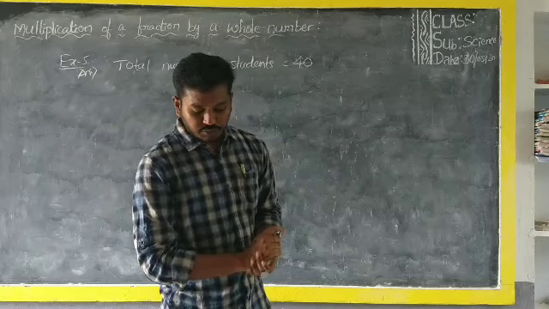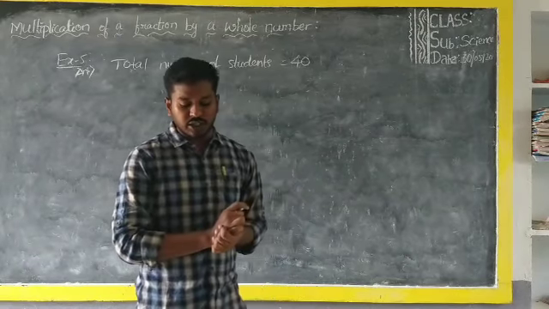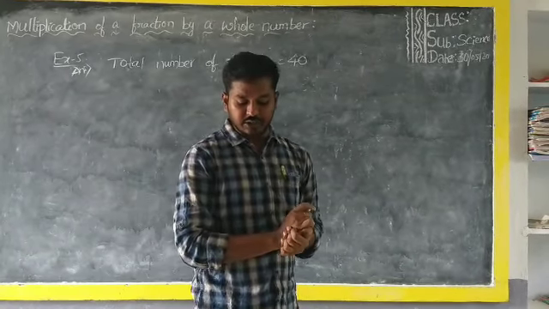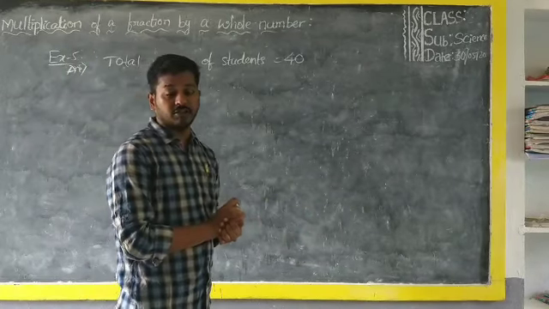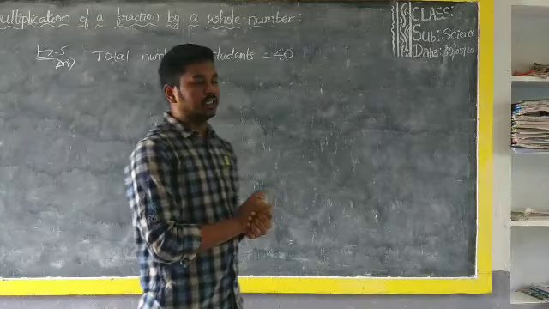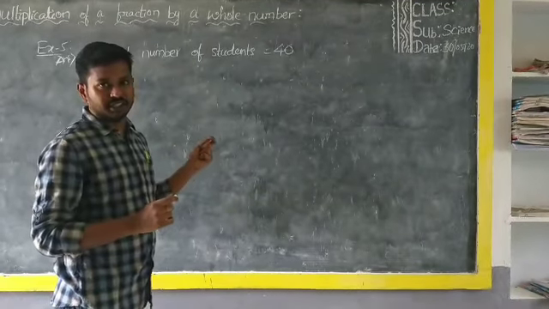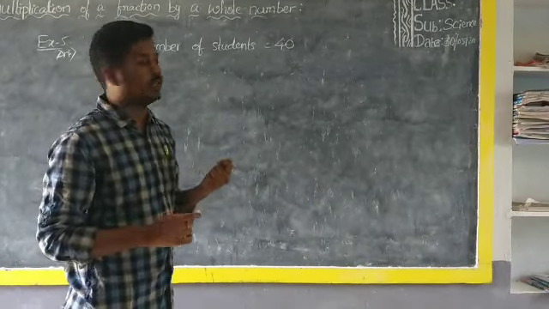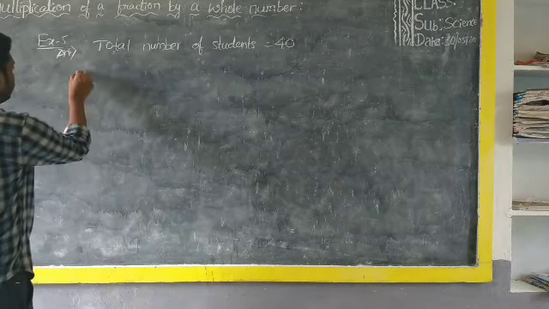If you observe, 1/5 of the total number of students like to study English. Here "of" indicates multiplication. Number of students who like English: 1/5 of the total number of students.